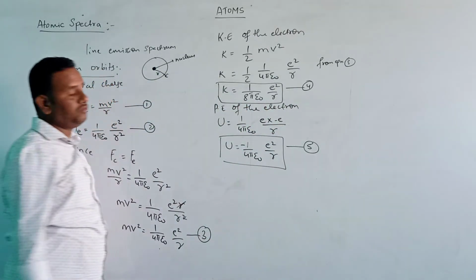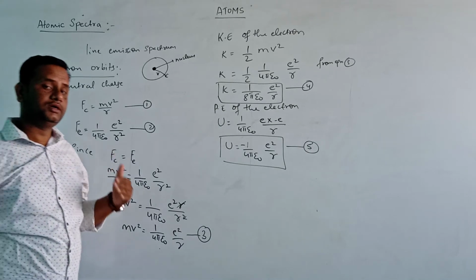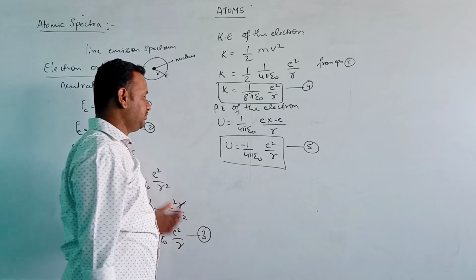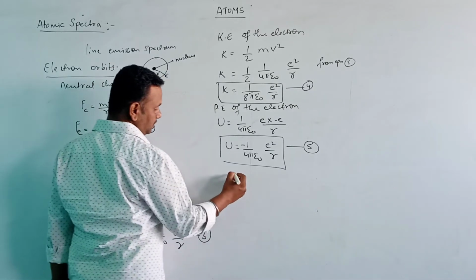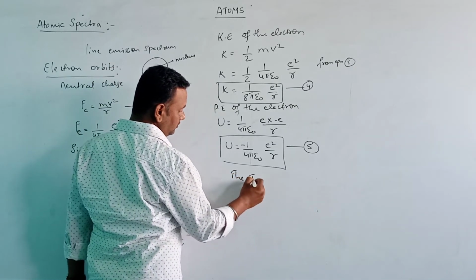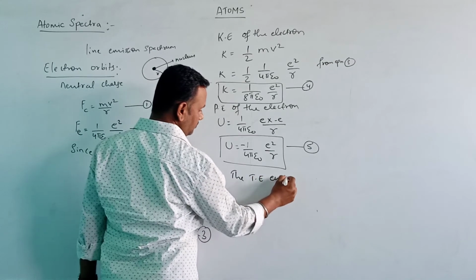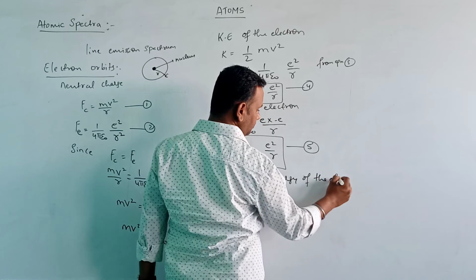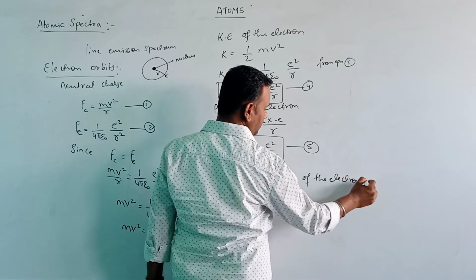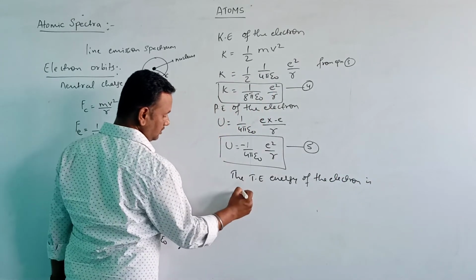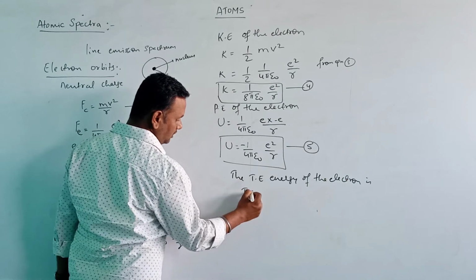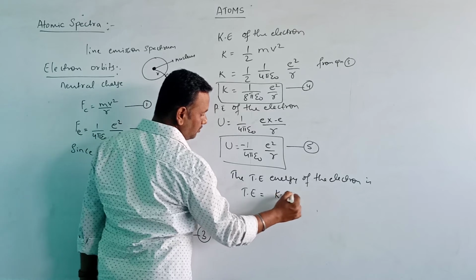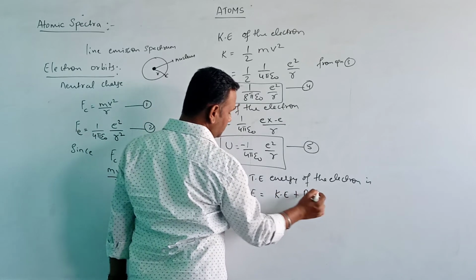Now what we need to find out is the total energy of the electron in a stable orbit. So the total energy is equal to the sum of the kinetic energy plus the potential energy.